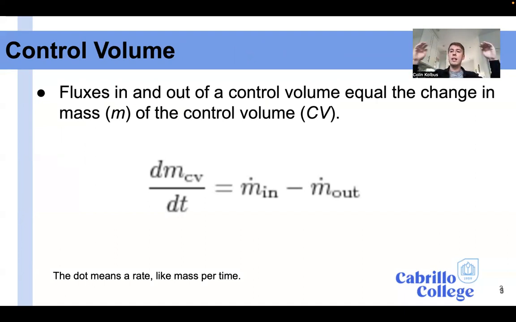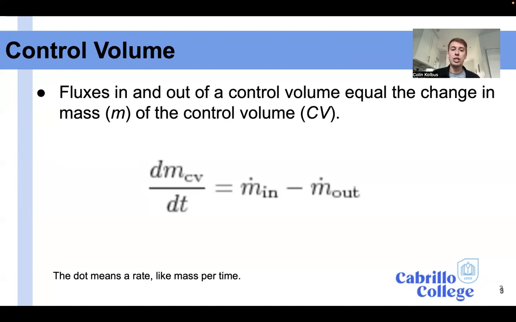You can make the control volume as large as the Earth, as large as an entire watershed, or maybe just around a small creek or a small region that you're really interested in. Maybe your control volume is just the flow of water through one parcel of land, to make sure that the chemical pollution in that area remains at a healthy level or is at least decreasing.